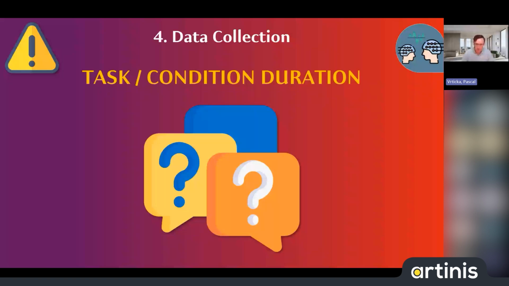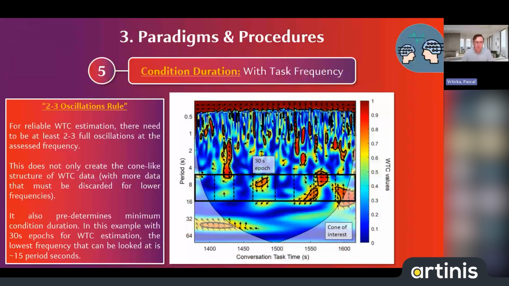And as we have seen last week, we have this 2 to 3 oscillations rule, where for reliable WTC, wavelet transform coherence estimation, there need to be at least 2 to 3 full oscillations at the assessed frequency. And this does not only create this cone-like structure, this cone of interest of the WTC data itself, but it also predetermines the minimum task and condition duration.